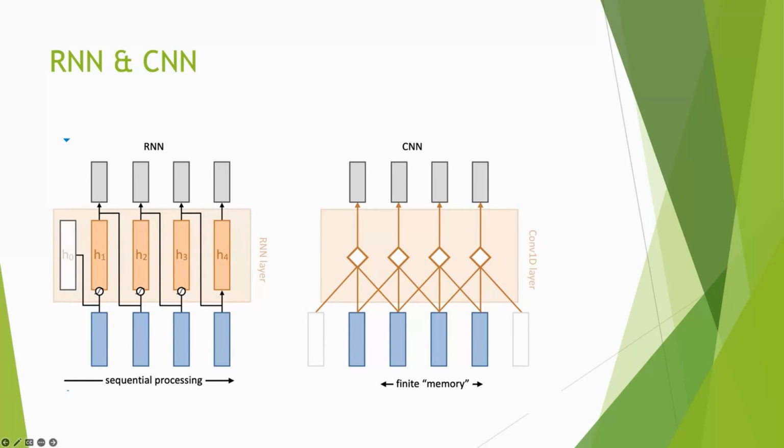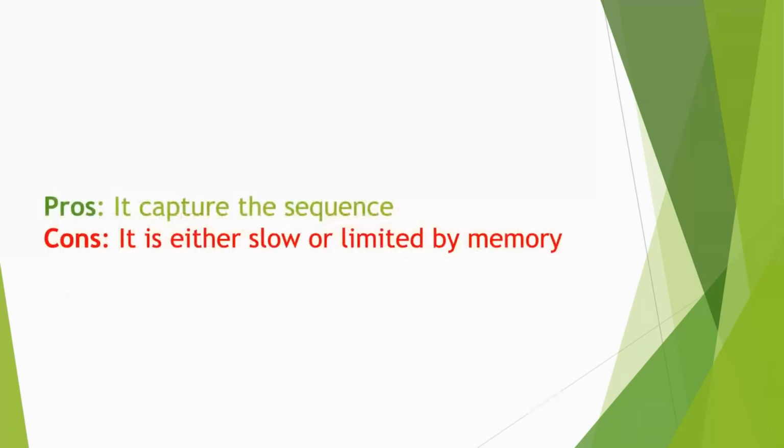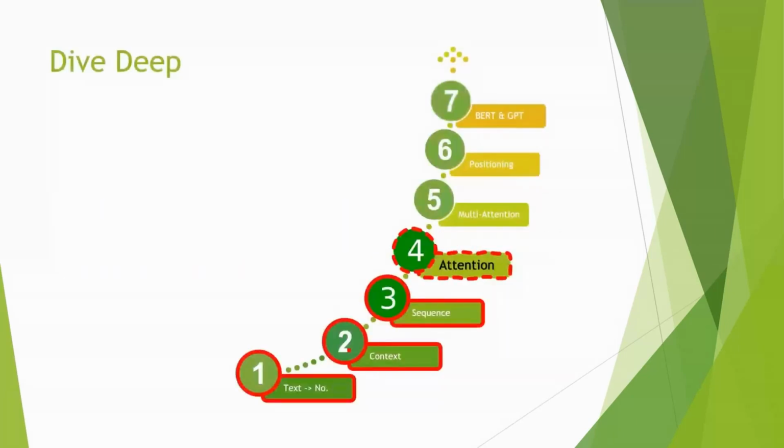CNN, on the other hand, which was used for images, has proven to be really good with text. And you can take all of the inputs and push them to one output, but then it runs out of memory. So you cannot use it for a super long memory. So CNN is good, but it has finite memory. So it captured the sequence, yes, but it's either slow or limited by memory.